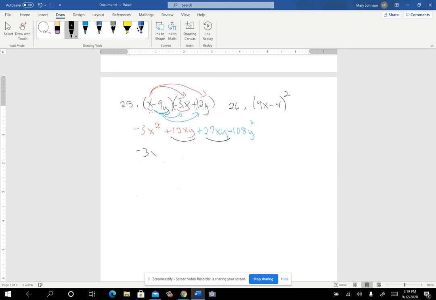So we get a negative 3x squared. Both of these are positive, so it's going to be 39xy minus 108y squared. And that would be my final answer on that one, okay? Now, the big thing on 26, I just wanted to remind you of, is that that is really 9x minus 4 times itself.